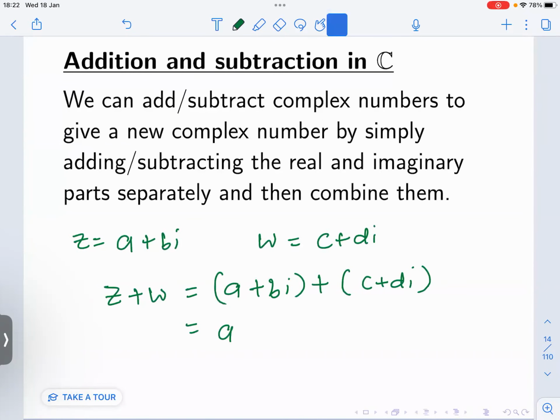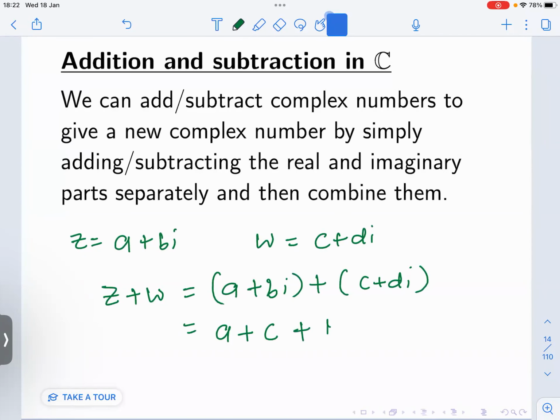We see that a will be added to c, and then we sum bi with di. Since i is common here in both terms, we can factor it out to write the imaginary part as (b + d)i, and the real part of this complex number is given as a + c.